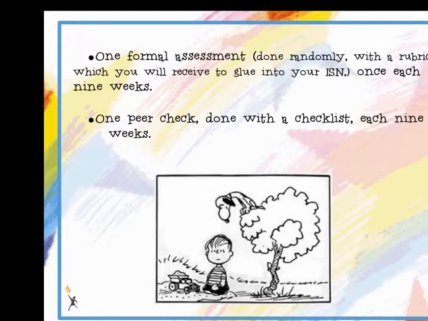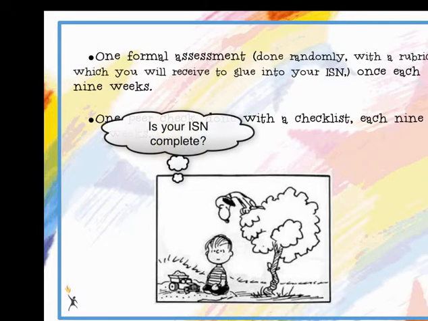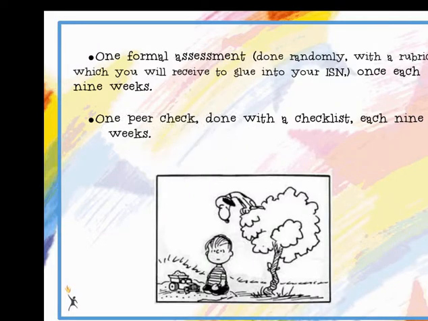I could collect the first 4 notebooks at each table the 3rd week of the 9 weeks, and I might collect the end of the notebook the last 9 weeks. But that means you better have your notebook together all the time because you never know when I'm going to pick it up. The second formal assessment is going to be a peer check, and this one's a little different. It's just going to be a checklist to make sure that everything is there, and that's going to happen once in 9 weeks, and you'll know when it's coming.